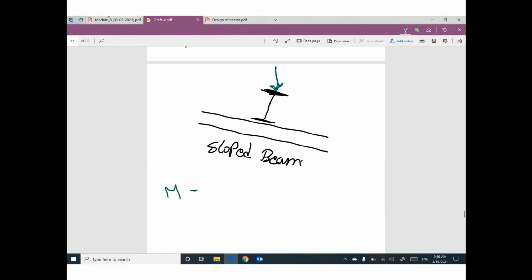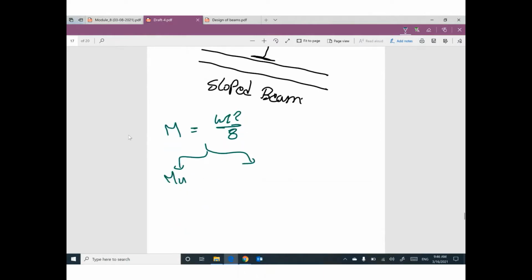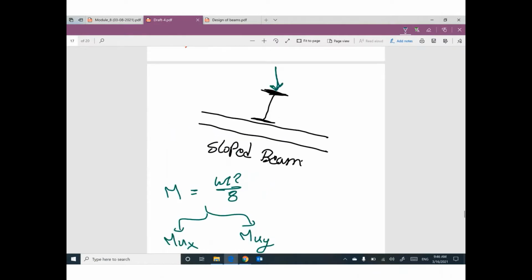Your moment, which is WL squared divided by 8, will be divided into two moments. One called M ultimate about x-axis, one called M ultimate about y-axis. Because here is the x-axis of the beam, here is the y-axis of the beam.